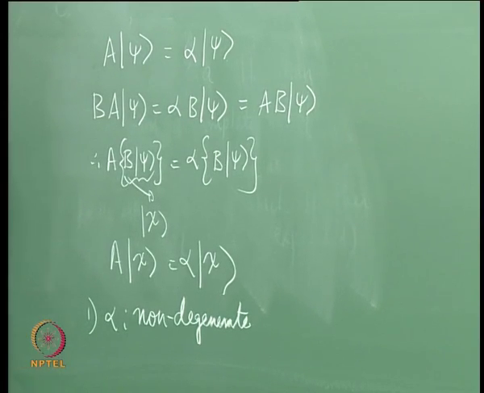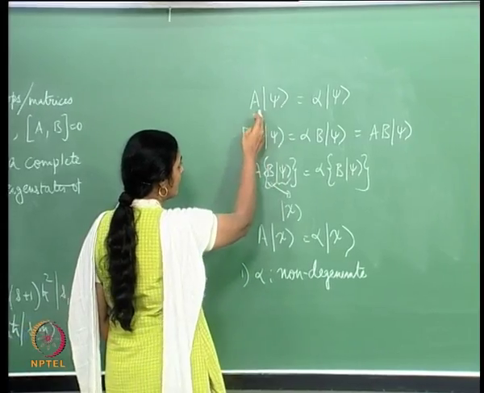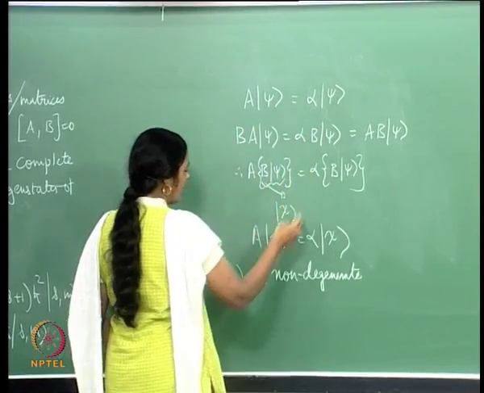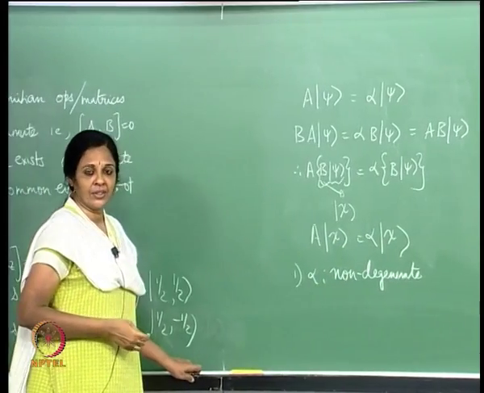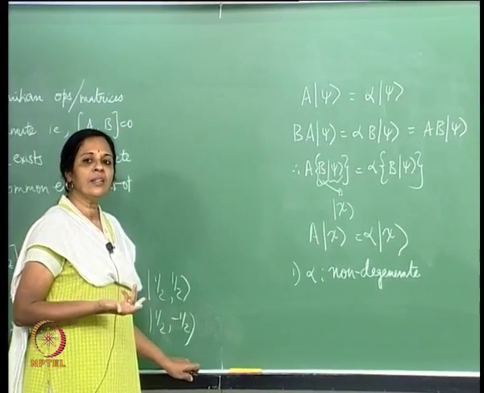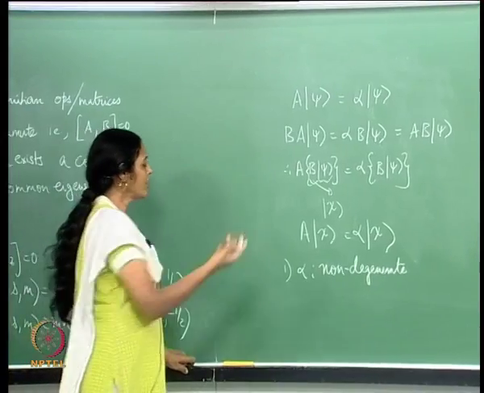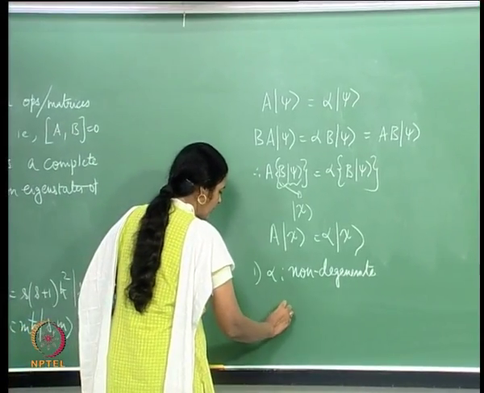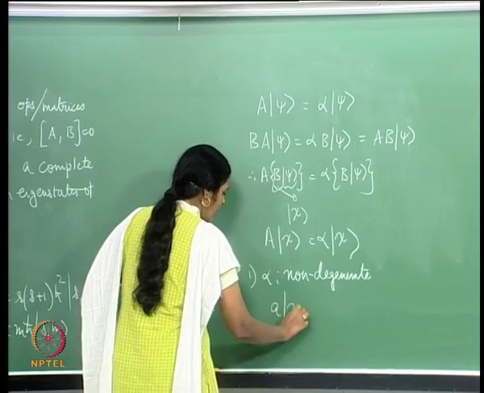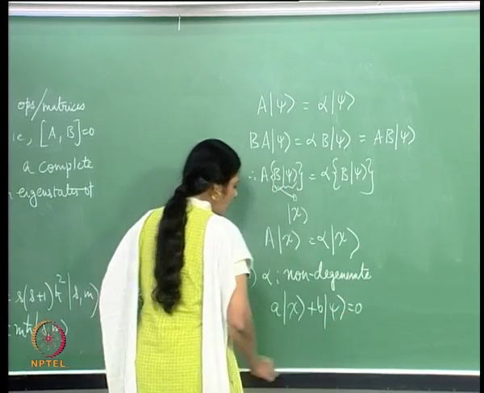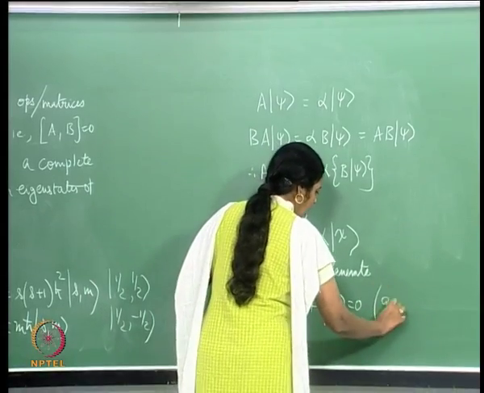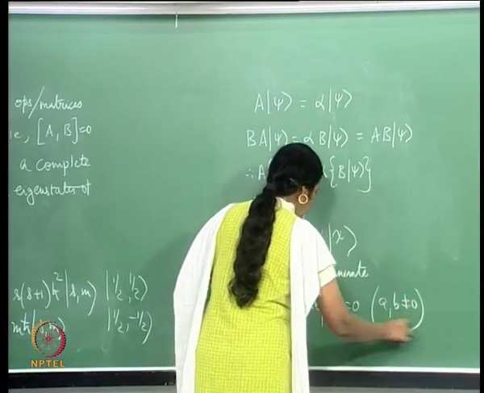The first case is alpha is non-degenerate, which means that if you have A psi is alpha psi and A chi is also alpha chi, and alpha is non-degenerate, chi is clearly linearly dependent on psi. In other words, some a chi plus b psi equal to 0, a and b not equal to 0.